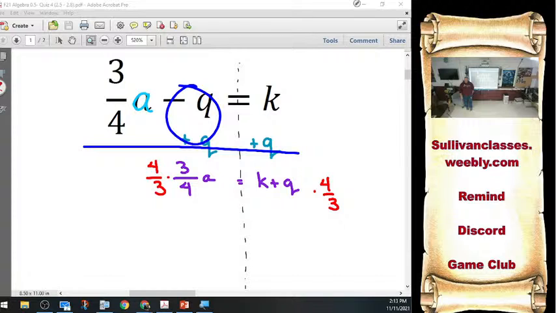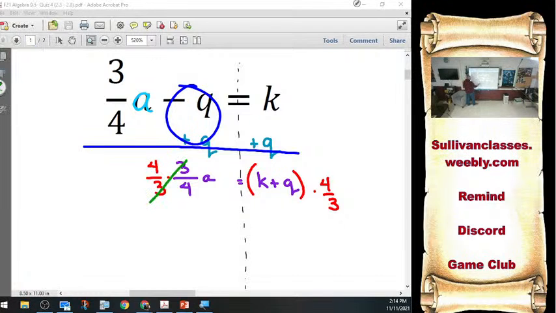No. I'm only multiplying Q. I need to take the entire side times 4/3. That would be one of those big warning things. Each side, even if I have to use parentheses. That's how you don't screw that part up.